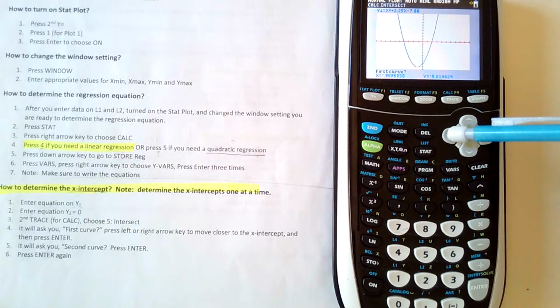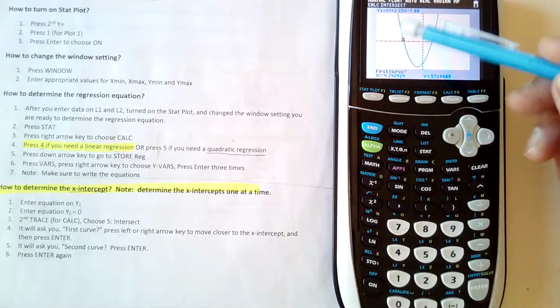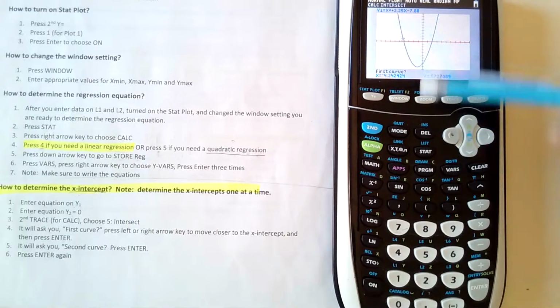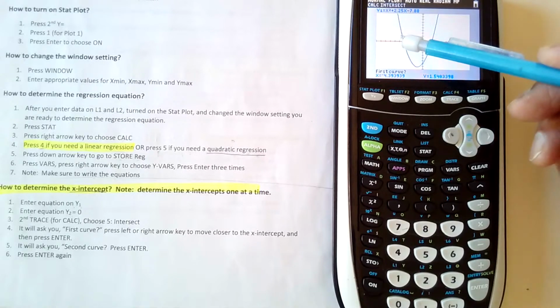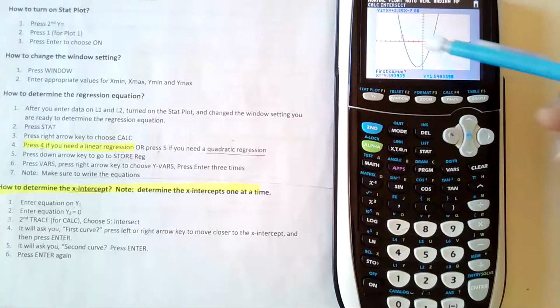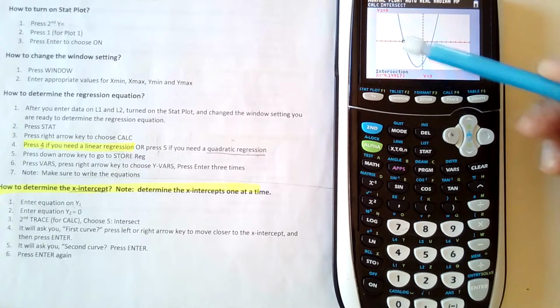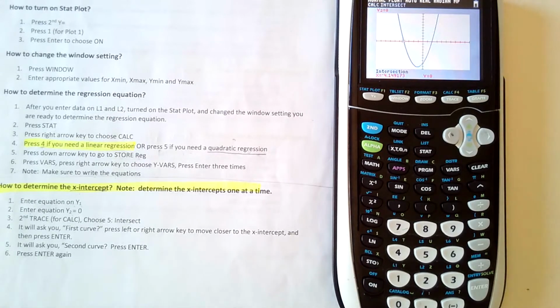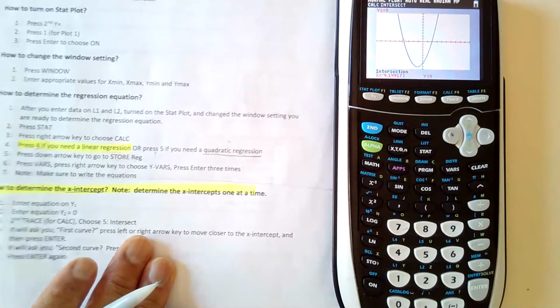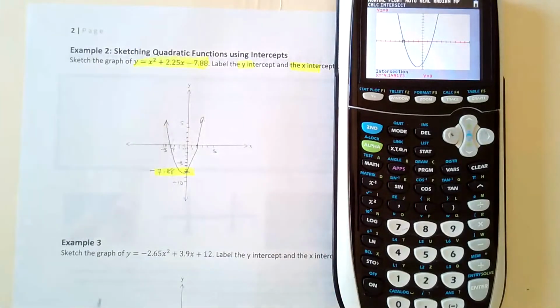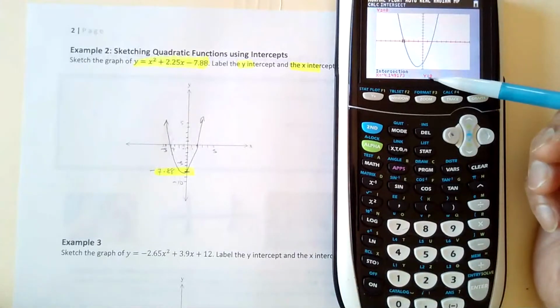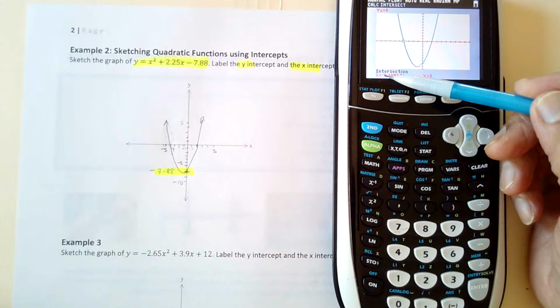We want to move it to the left. And maybe slightly above, doesn't matter, it could be below. Once it's close to where this y equals 0 and the function intersect, press enter 2 more times. So 3 times you press enter, and that will give you your first x-intercept, which is -4.1. So y is 0. You should see y equals 0, -4.1.